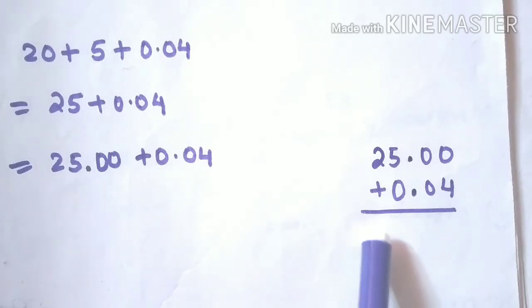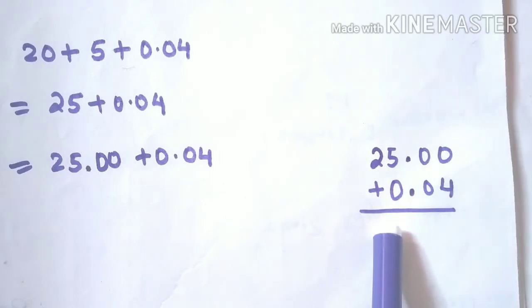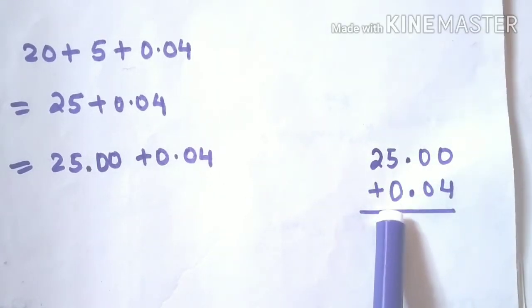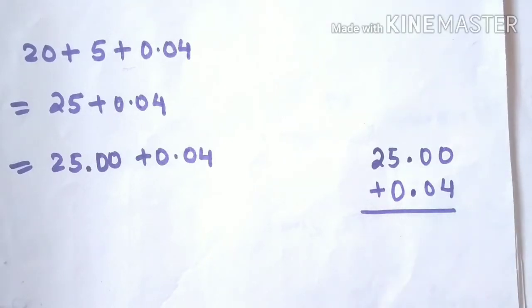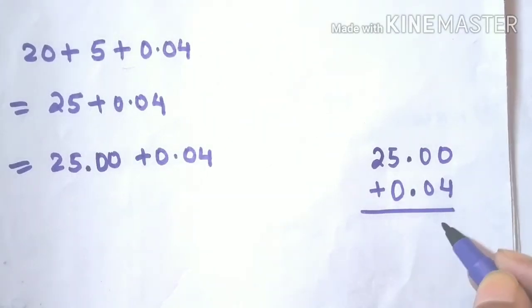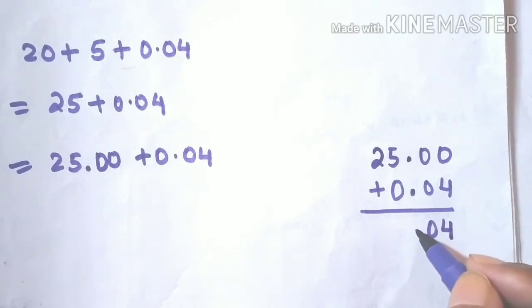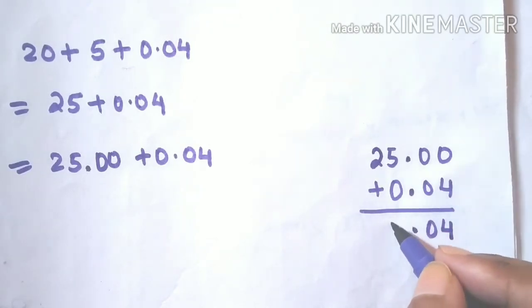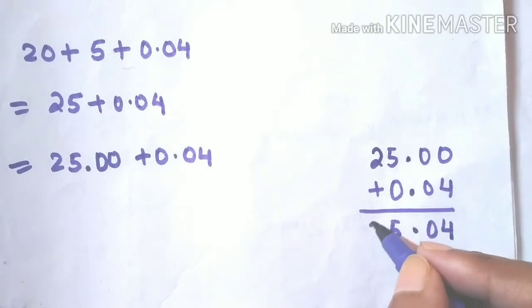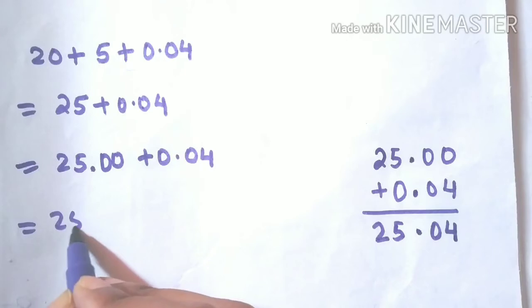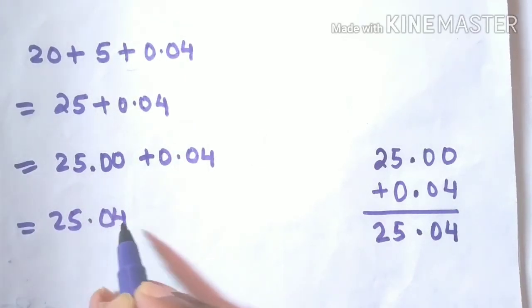So we can add in this way. We have to put the decimal point in the same straight line. So when we add 0 and 4, we will get 4. 0 plus 0 is 0. 5 plus 0 is 5. And 2. So we will get 25.04.